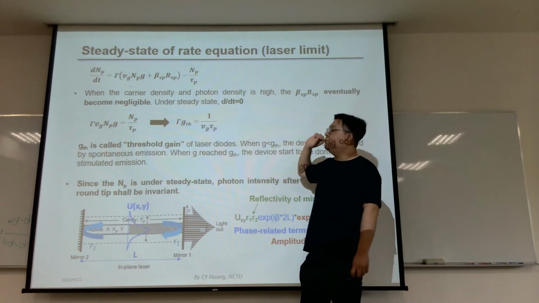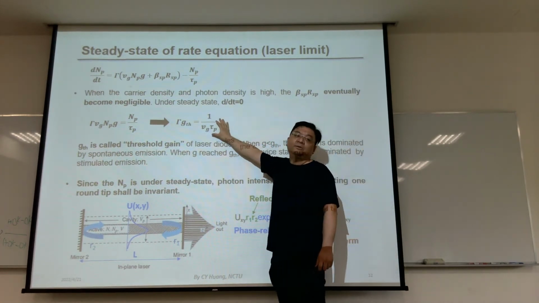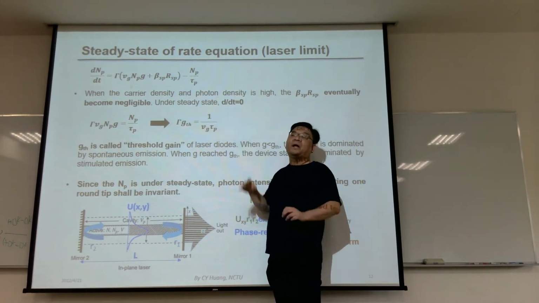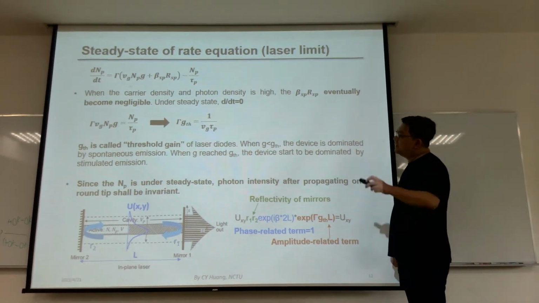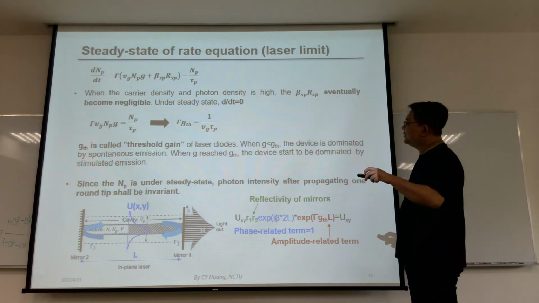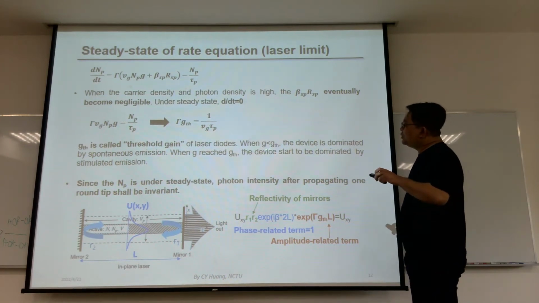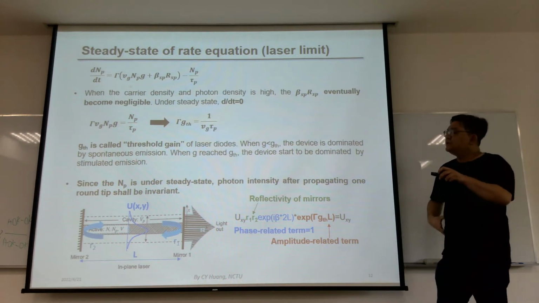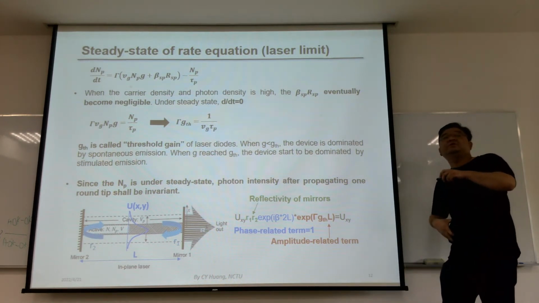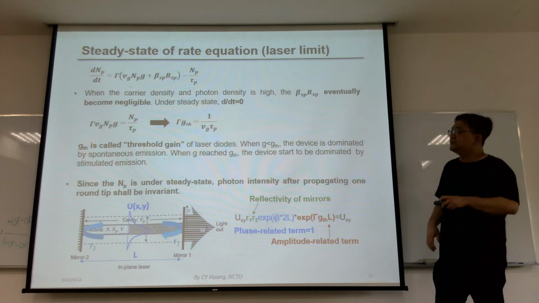So we need to work harder to replace this term with other equations. In this case, g_th is called threshold gain, and when g is less than g_th, it is not lasing yet. But when g is higher than g_th, that will be another story. I don't want to make a judgment first.